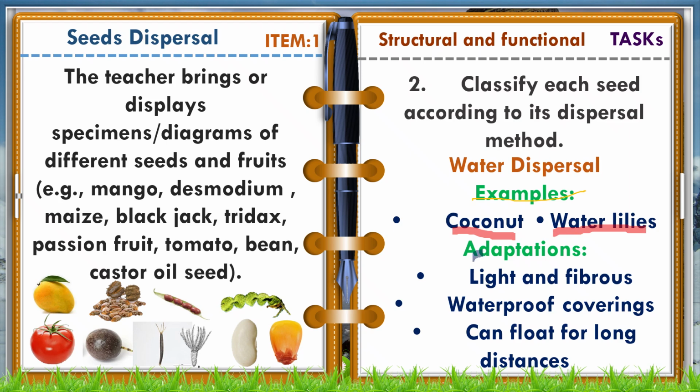They have adaptations, and these adaptations include light and fibrous, meaning that they can easily float in water, and they have waterproof coverings, which prevent water from entering inside and can float for a long distance without sinking. So they are dispersed by water.